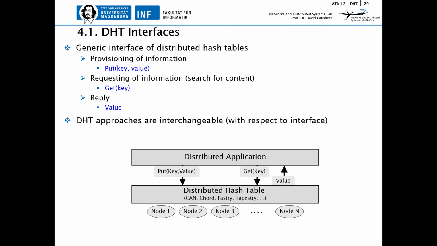First of all, to provide information to the DHT, that means store actual key value pairs, we use the put method that essentially requires a key that is a hashed value of the description of the data, along with its value that can be either, as mentioned, an IP address and port number or the actual content itself.